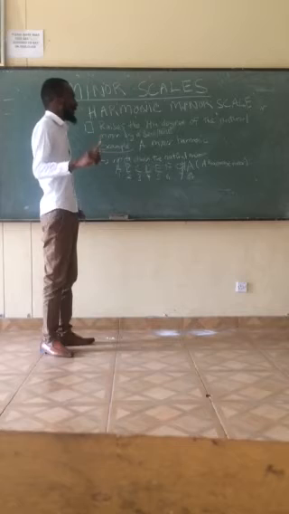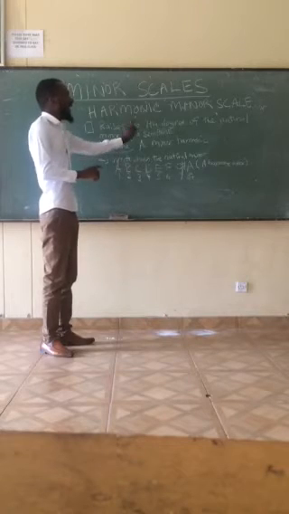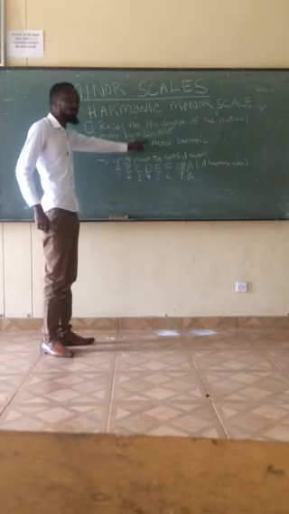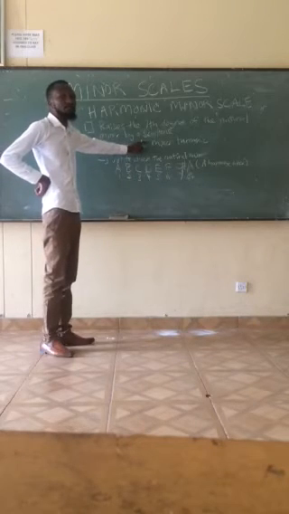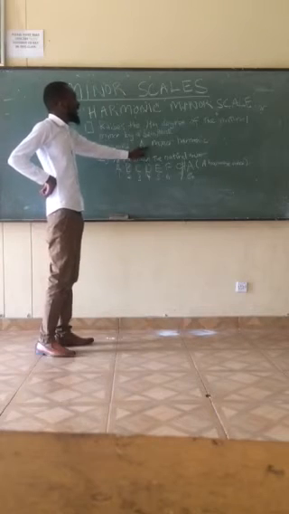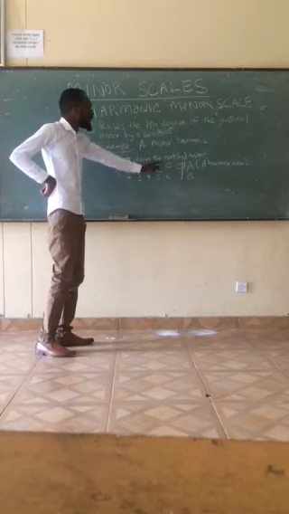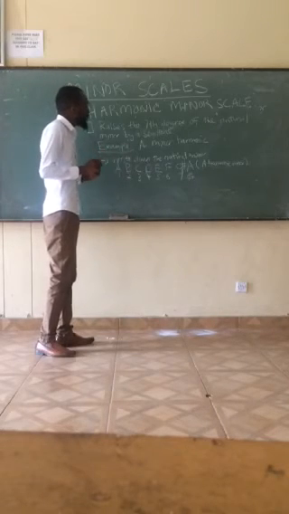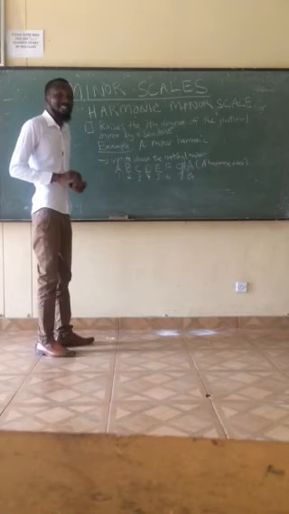I'll explain again. The harmonic minor raises the seventh note of the natural minor scale by a semitone. The A minor natural form does not have any accidental.